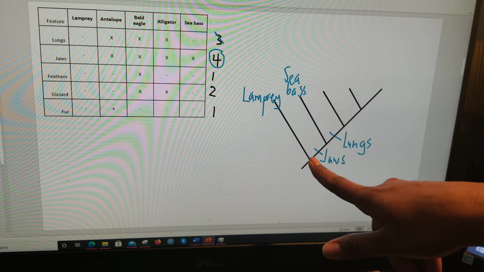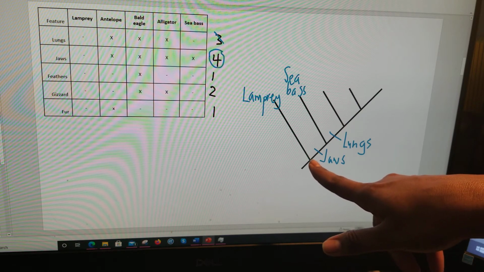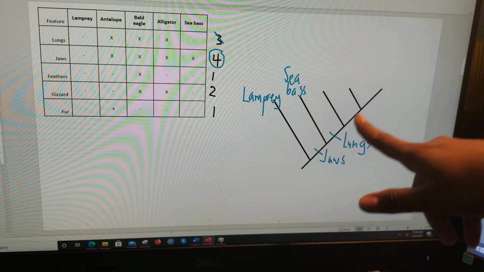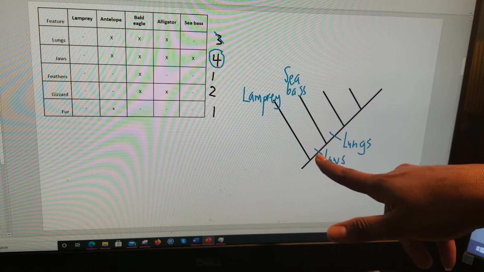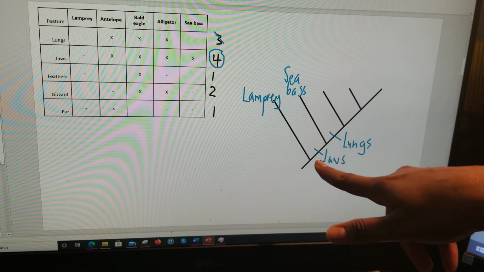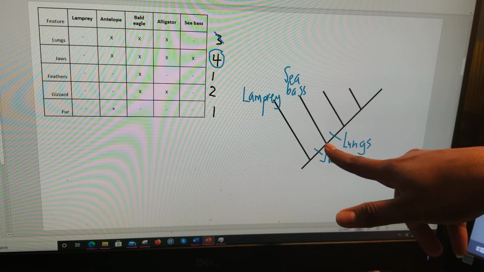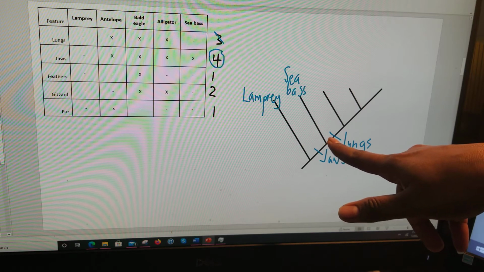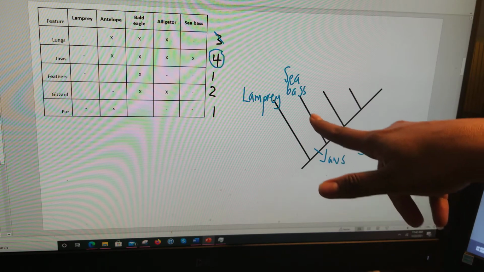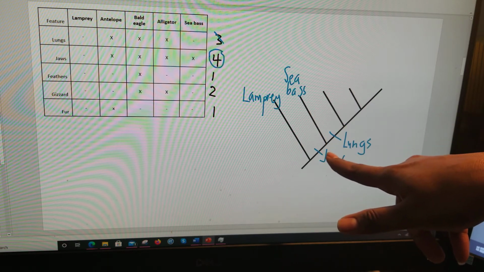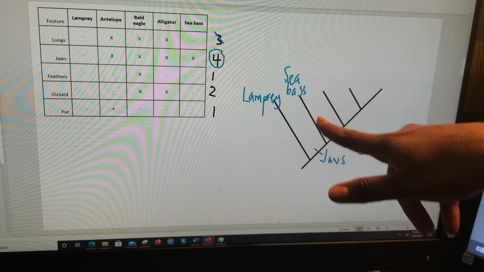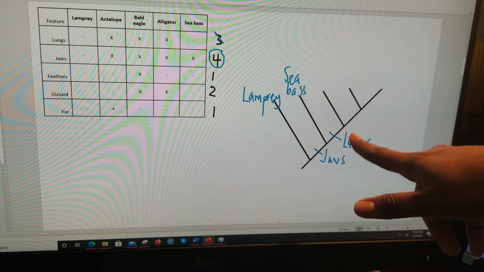So the first divergence event took place here, where it gave us lampreys and another group of organisms. The other group of organisms all had jaws, but the lamprey did not. Another divergence event came about, and then we had all the organisms with jaws, and two groups were formed.